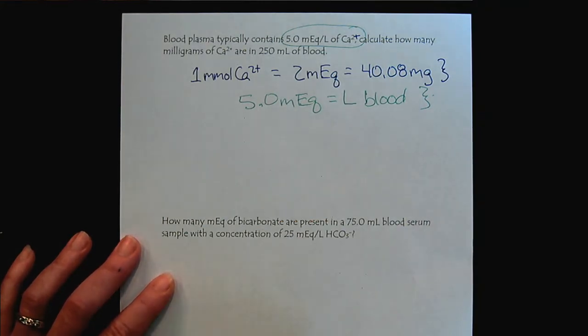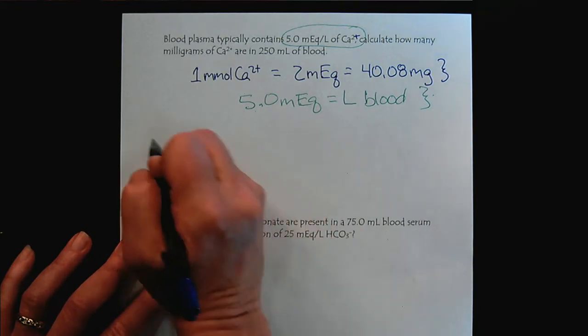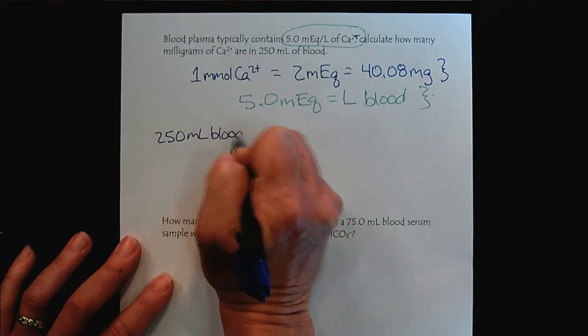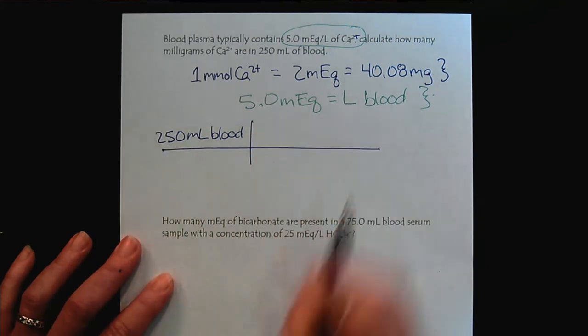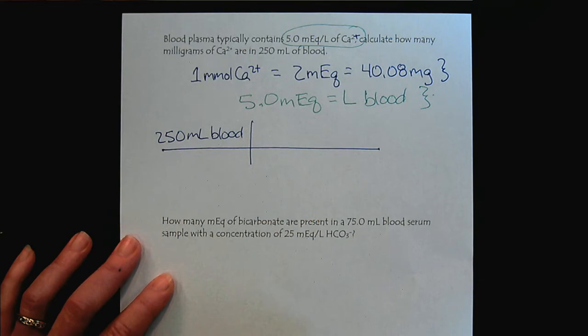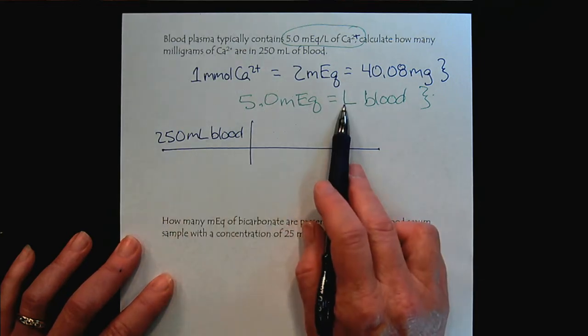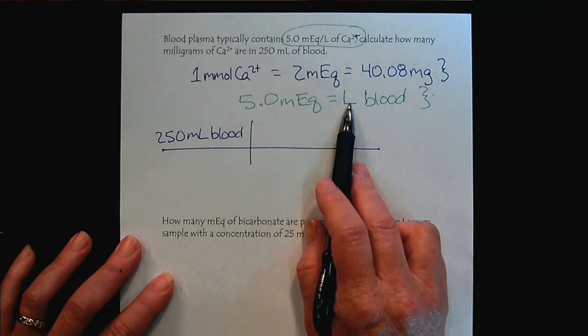Now we can solve the problem. We have 250 milliliters of blood, and so let's see here.